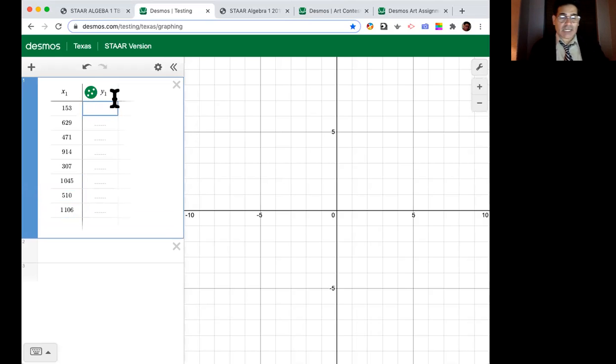On the right side, 14, 38, 30, 53, 21, 60, 32, 63.